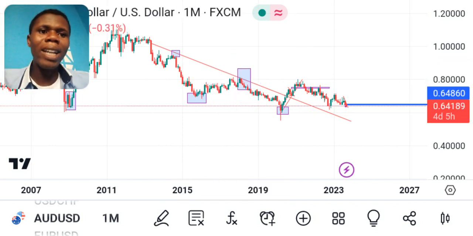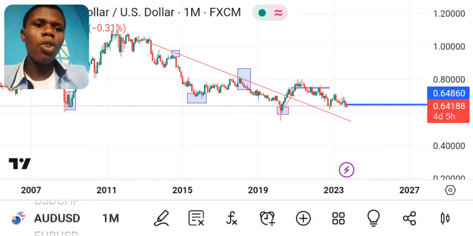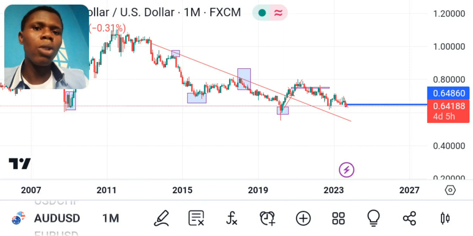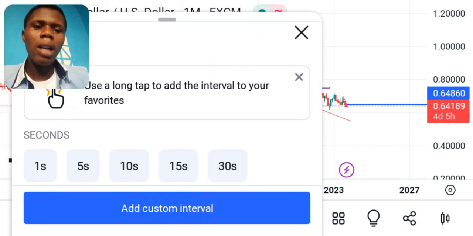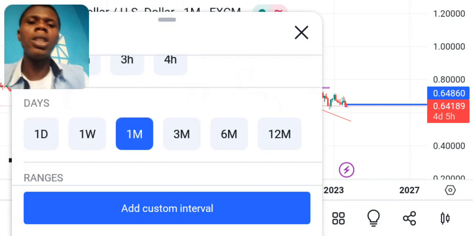Now let me look for an entry in the lower time frame. Once it comes to this trend line, what I will do, this is the monthly, don't forget, I go down to the daily. I will not go to the weekly because I'm looking for an opportunity there.